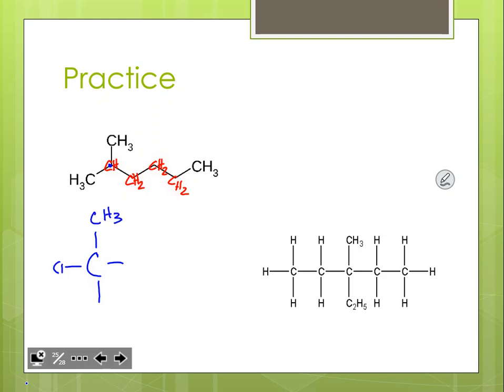It's attached to the methyl group over here. And it's attached to the CH2 group over here, this one. Well, we have to complete the octet with something. And since these are hydrocarbons, it completes the octet with 1 H. So you know how many H's to add on based on how many other bonds still need to be filled. It's already bonded to 3 things, so it only needs 1 H to fill the octet.